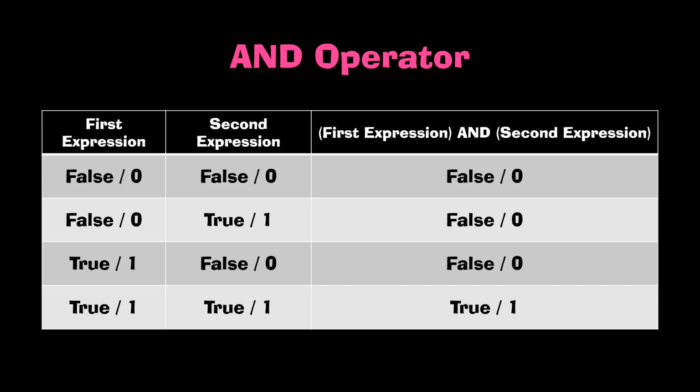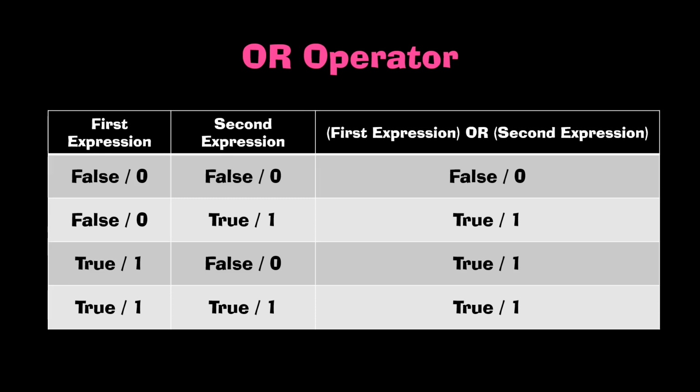AND operator gives the result true only if both the expressions are true. For all the other instances, it gives false. Unlike AND operator, OR operator gives the result true if there is at least one true expression. It gives false only if both the expressions are false.